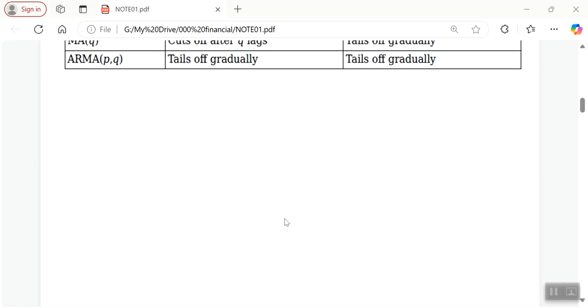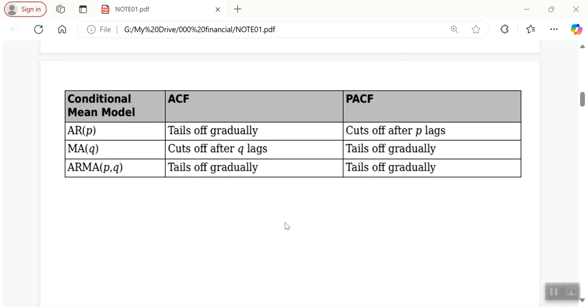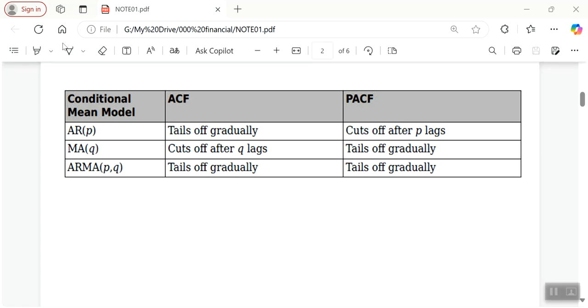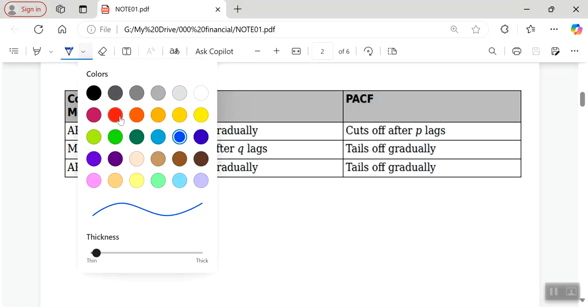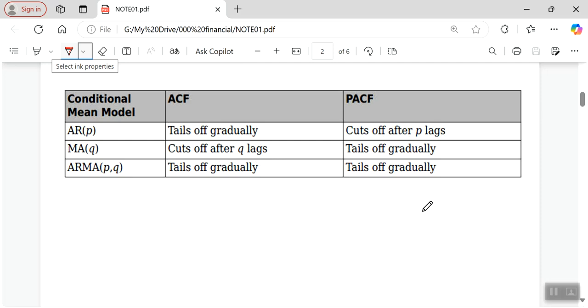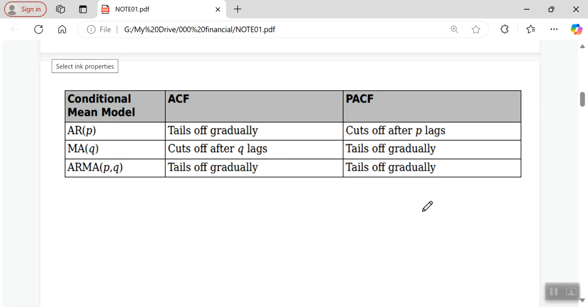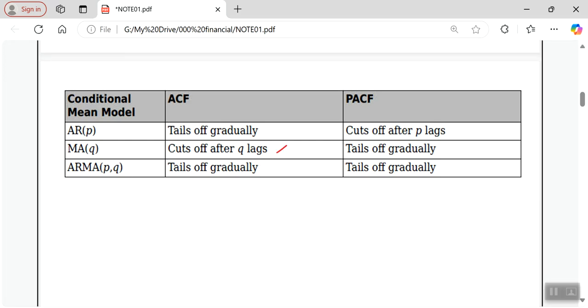In this session, we're going to talk about the AR1 models, and how to construct an autocorrelation function for an AR1 model. We have seen that for MA(q) we have one cutoff after q lags.